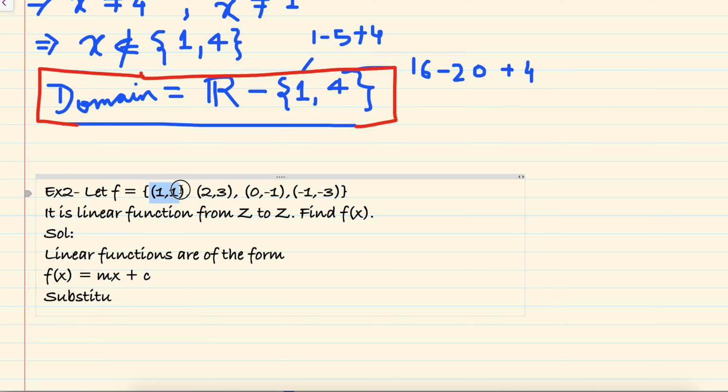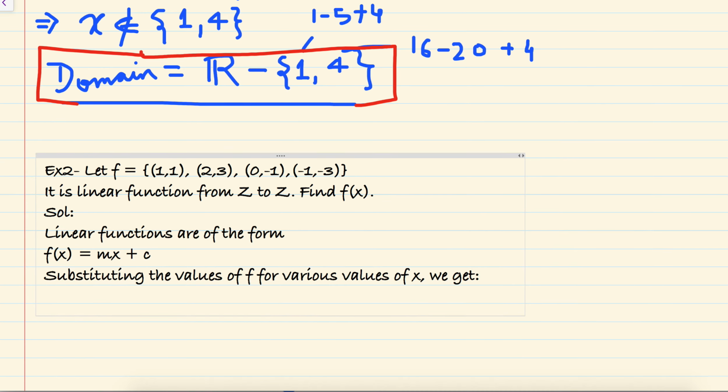We are given the pairs of x and f(x). Substituting the values of f for various values of x, what do we get?